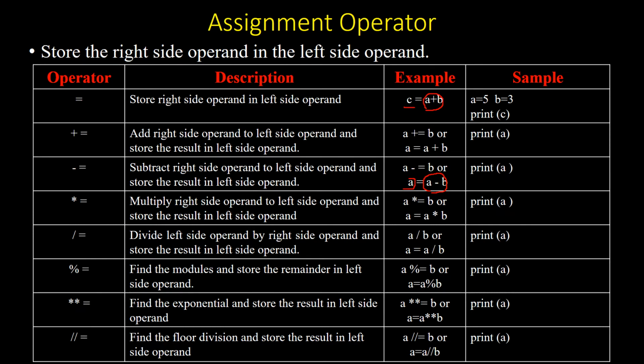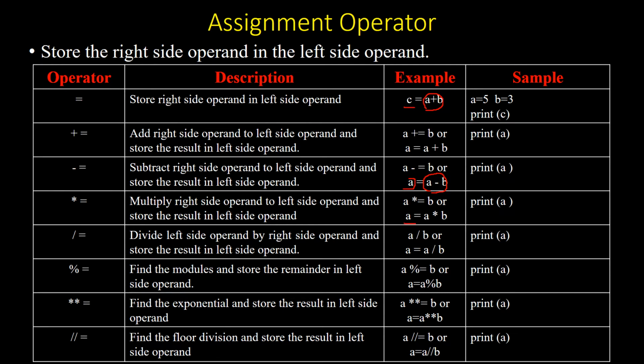Then multiply the right side operand with the left side operand and store the result in the a value, that is, a star equal to b, a into b, and store the result in a.